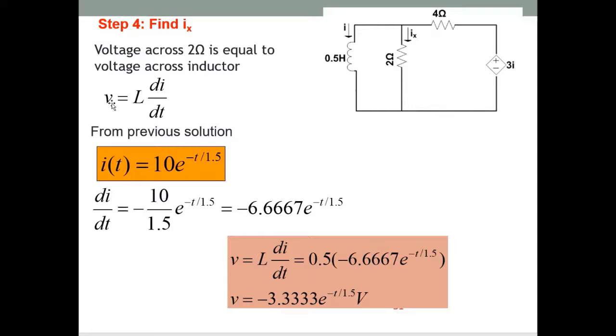For Ix, we know that V equals L di over dt, the voltage for the inductor, and from previous solutions, IT equals 10 e negative t over 1.5. If we know this voltage, since this is parallel, we can find the value for V2 ohm here.